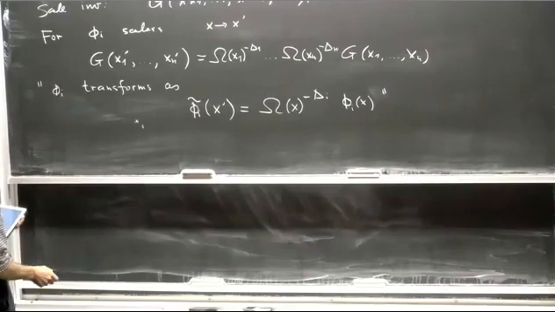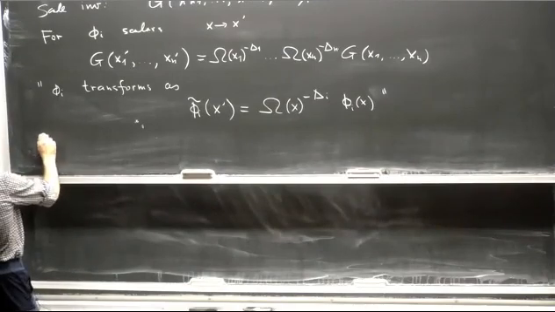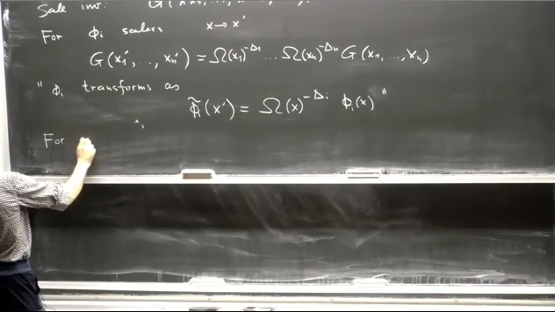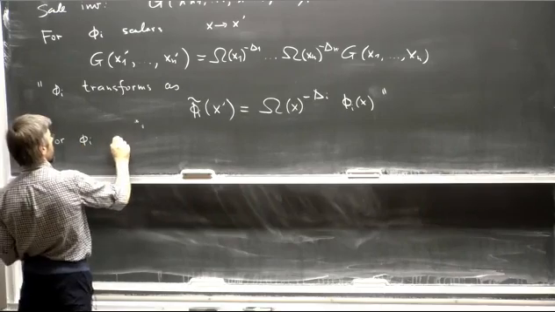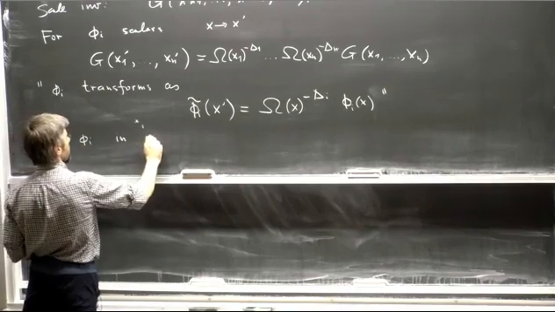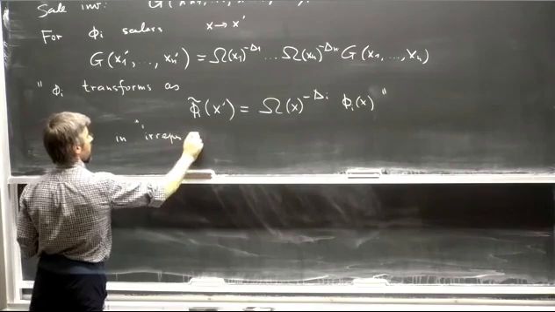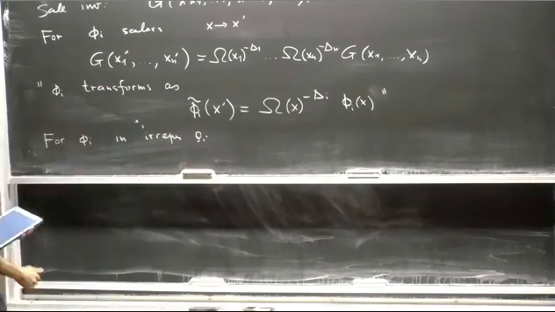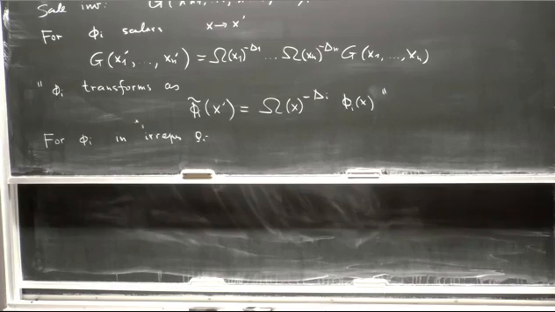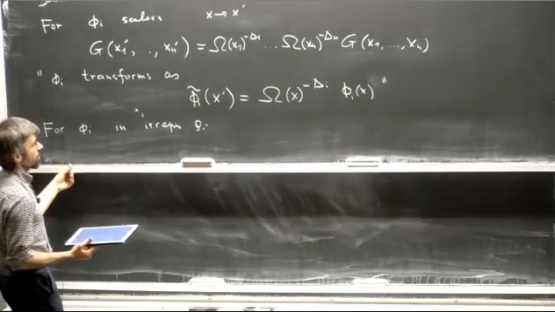Now let us suppose that phi I are not scalars, but in some irreps rho I. In this case, the transformation property of the correlation function is going to generalize those of the Poincaré transformations.